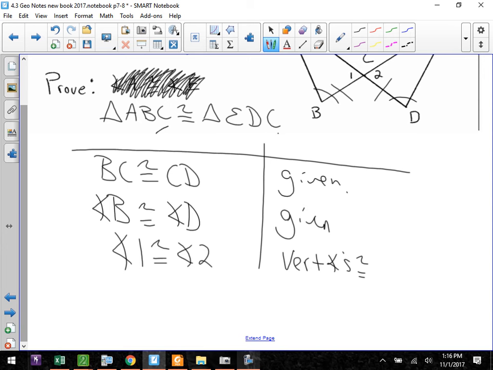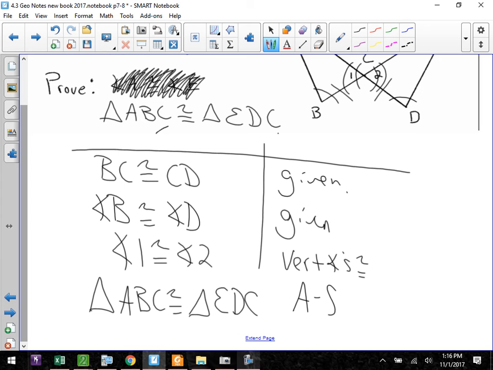When we're looking at diagrams, one of the things you can infer is vertical angles. So we know that those two angles are going to be congruent because they're vertical, which gives us our triangles congruent, triangle ABC, because of angle side angle.